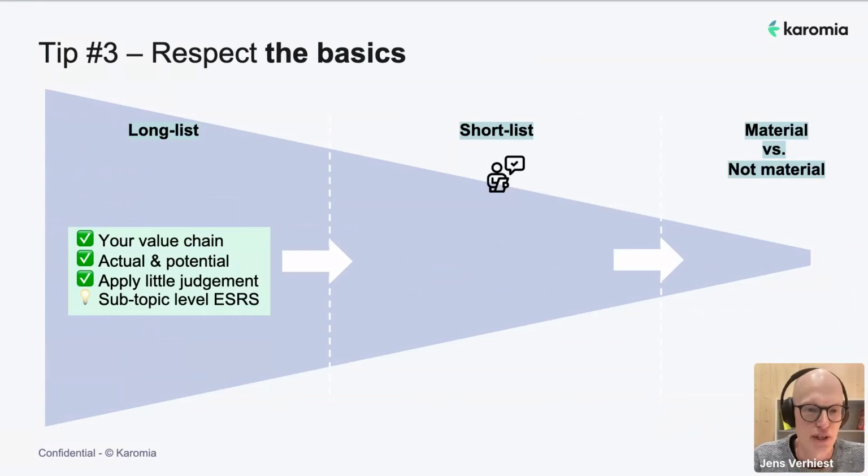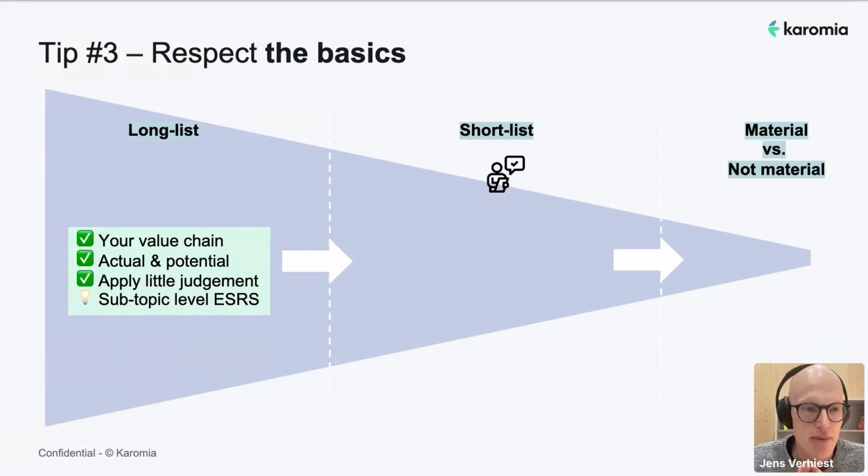Now, looking at this funnel, there are a couple of basics that we would advise you to respect, because these are the elements that the auditor will also, more often than not, really zoom in on. And when we're looking at the long list phase, and so at the beginning of the funnel, there's a couple of things that are very important. First off is that you need to consider your entire value chain.